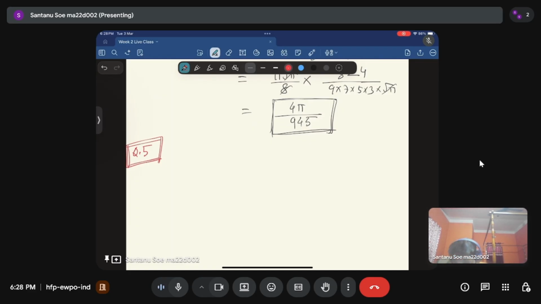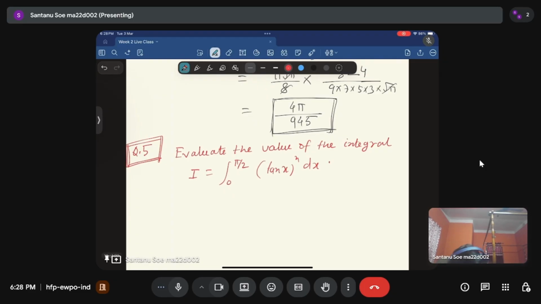Evaluate the value of the integral I equals the integral from 0 to pi by 2 of tan x to the power n dx, where n is between -1 and 1.